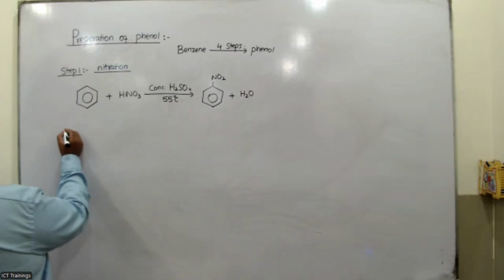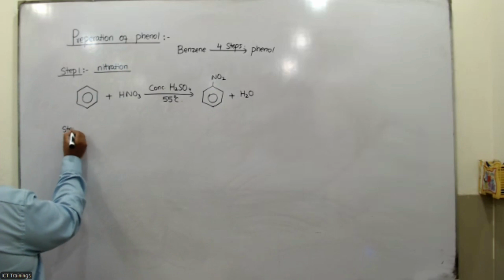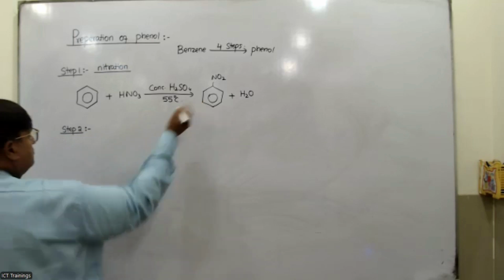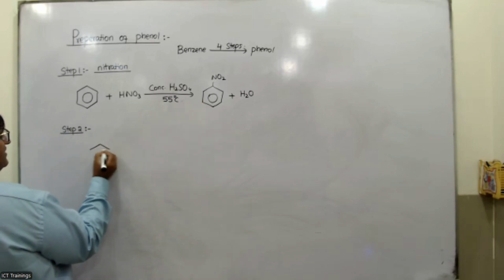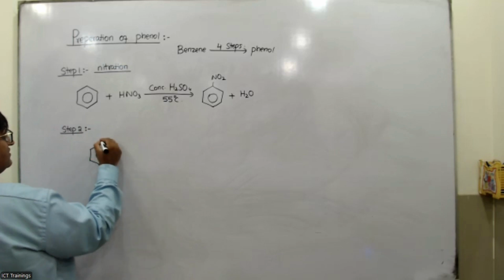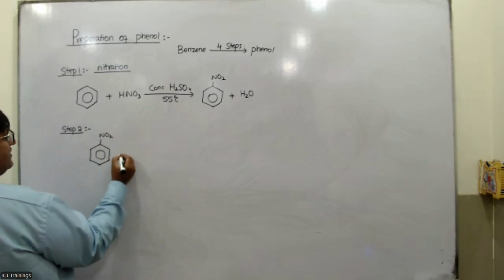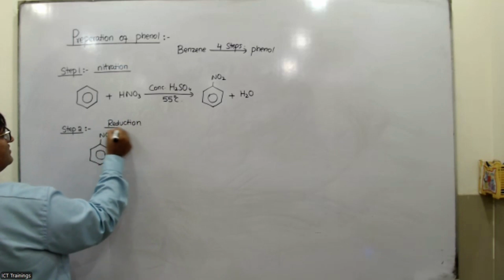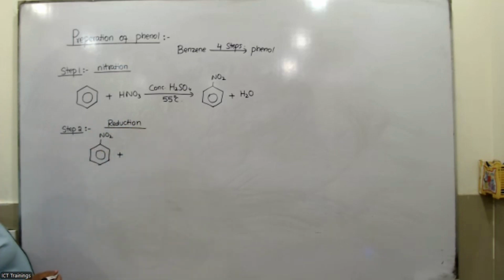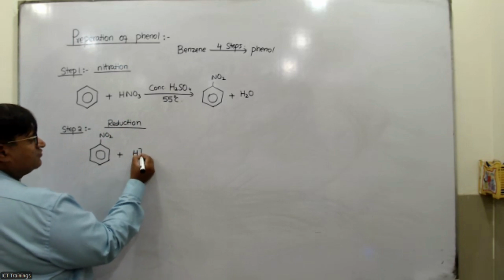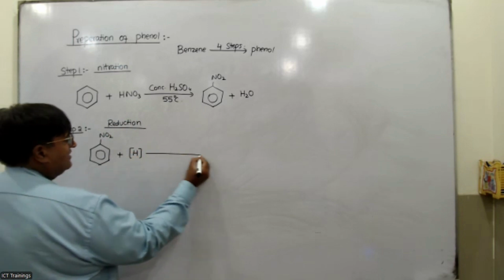Now come towards step two. In step two, you should take the nitrobenzene. This is the nitrobenzene, and the second step is actually the reduction step. In this step, you should reduce the nitrobenzene with hydrogens.